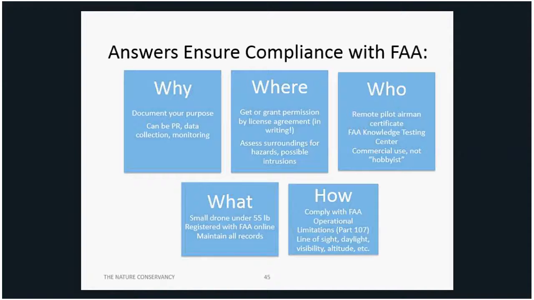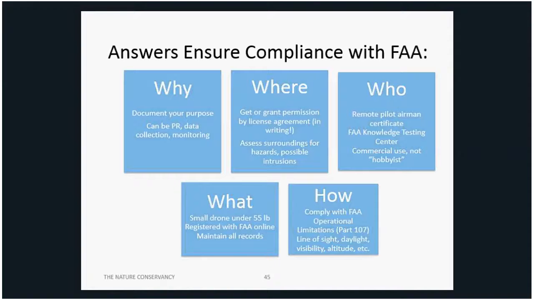Right now, the FAA hasn't really established what that process is, and so if you do want to do something that's out of line with the limitations cited in Part 107, then let me know, and we can start working through that and figure out how the FAA wants to do that. Be advised that that's not easy. We don't know how easy or fast that process is going to be, so we're going to need a little bit of lead time for that.